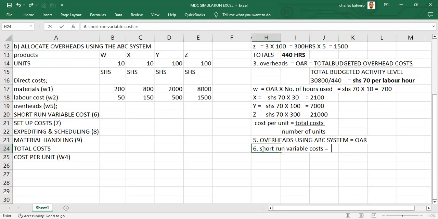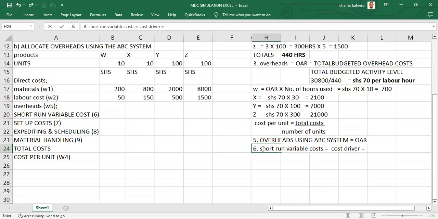What you have to know with these short run variable costs is that what we need to first identify is the cost driver. Before we do anything, the cost driver is going to be the labor hours. Because short run variable cost means you have just started working.